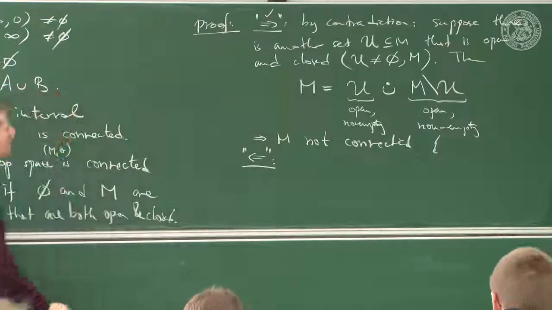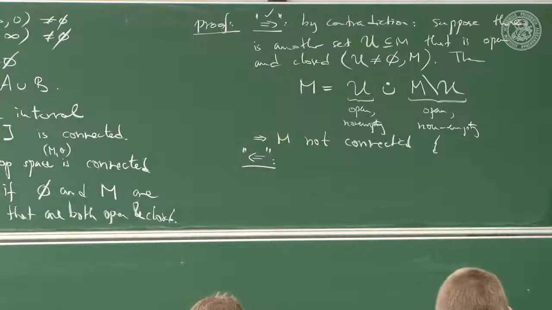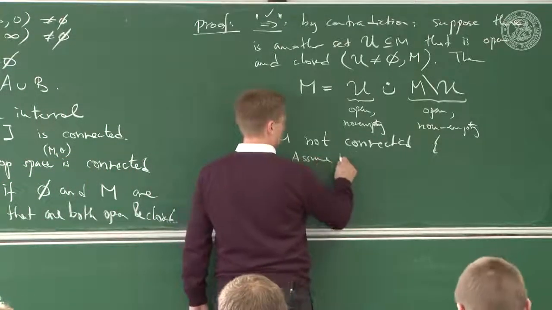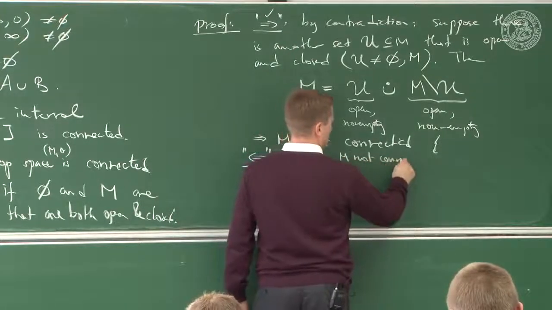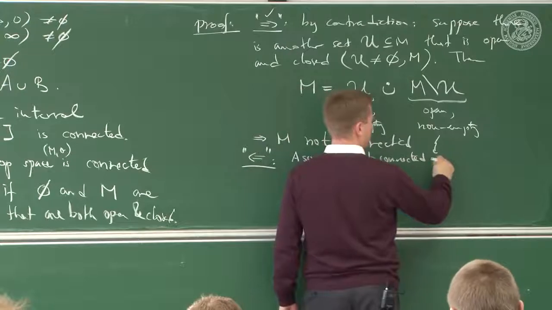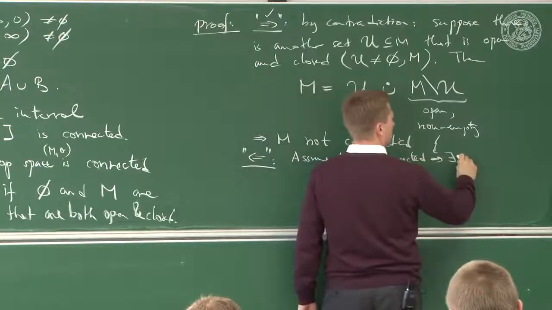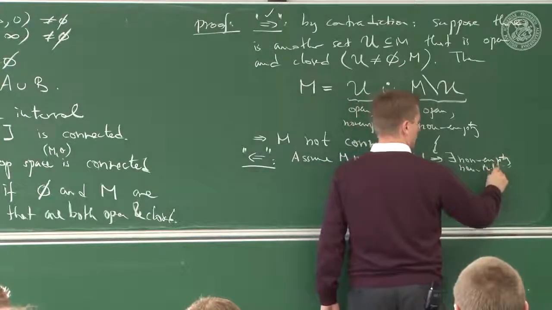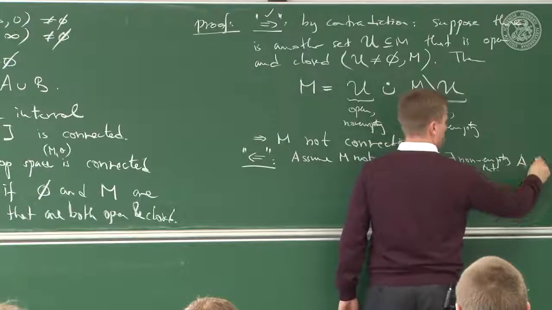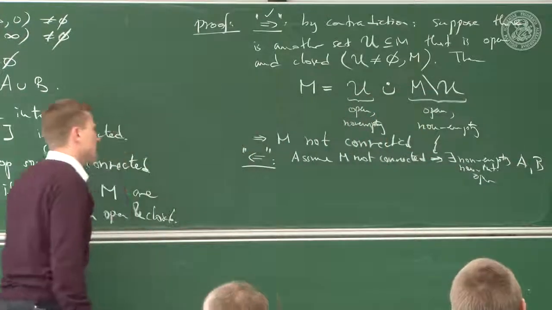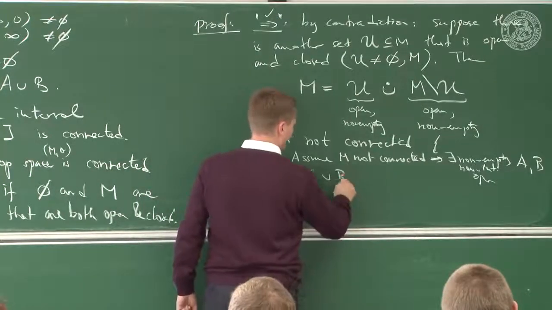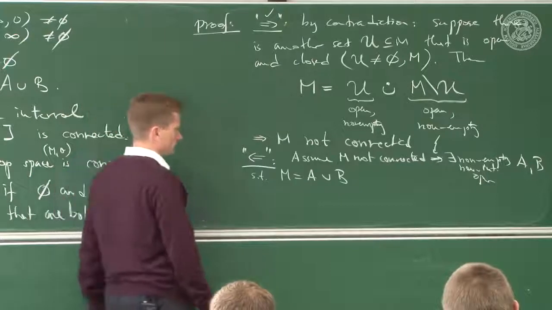So let's try to go in the opposite direction. So we assume M is not connected. Well, that immediately implies there exist non-empty, non-intersecting, open subsets A and B, such that M can be written as a decomposition of the two.